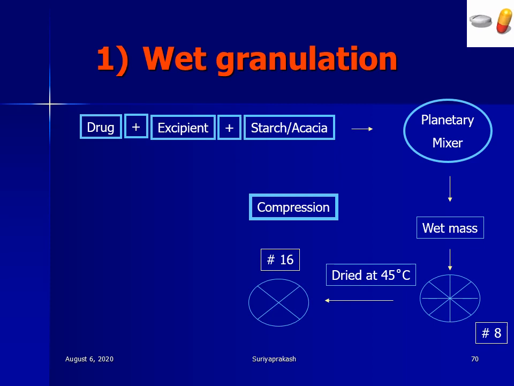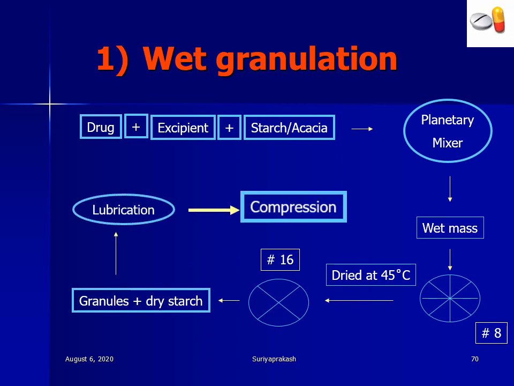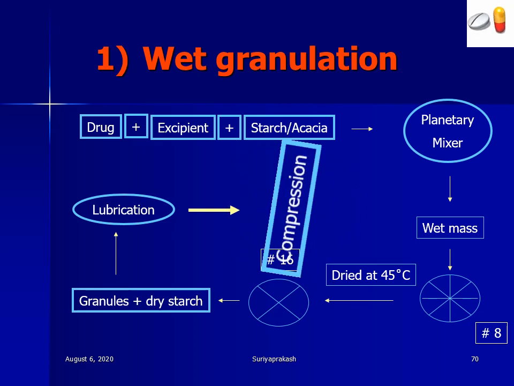Again pass through sieve number 16, so smaller granules you will get. From these granules, add starch powder and magnesium stearate powder, right? Then lubricants are added and compressed. You will get the tablets. This is how the wet granulation method is done.